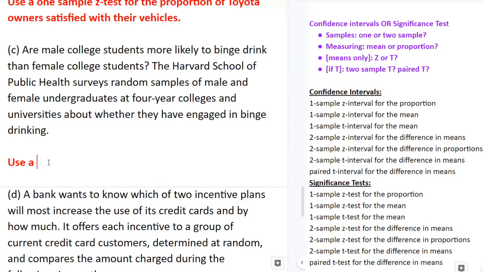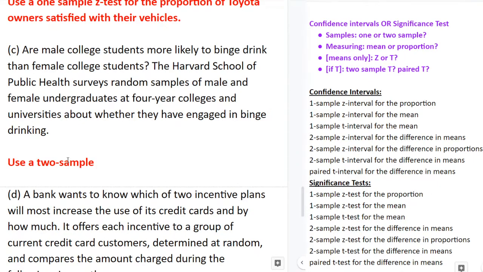So because we're surveying them and asking whether or not they have engaged in binge drinking, think of that as like a yes or no question. So we can use a test for proportions, right? If 50% of men say they have and 40% of women say they have, then you can compare those two proportions. So this is going to be a two-sample test, and it's going to be a Z test for proportions.